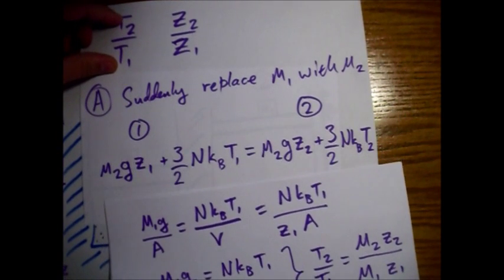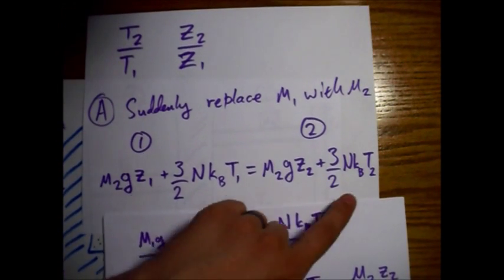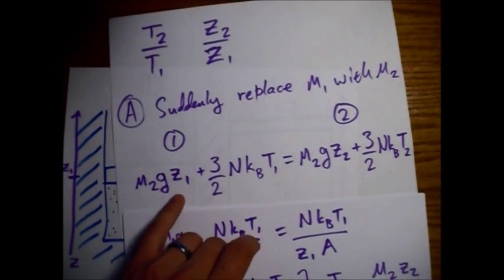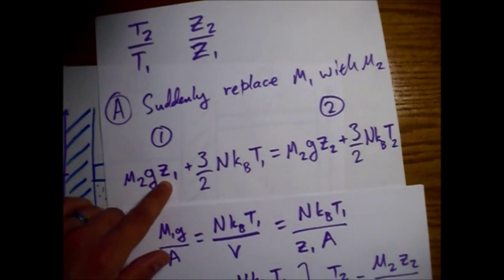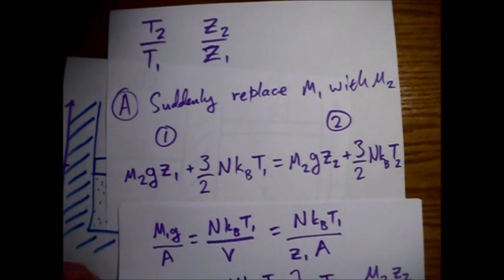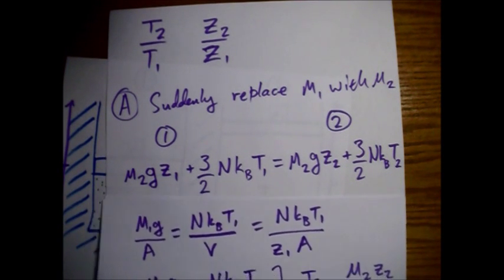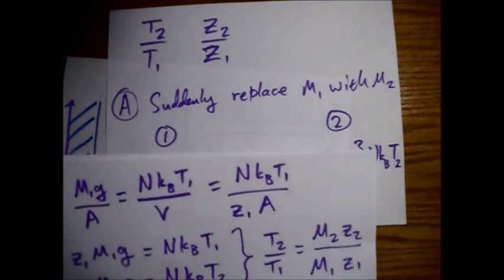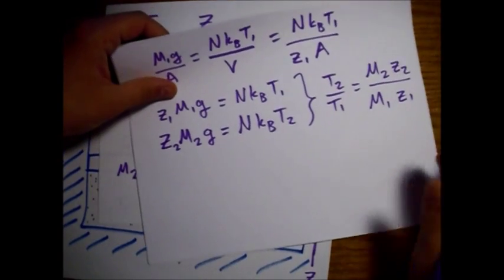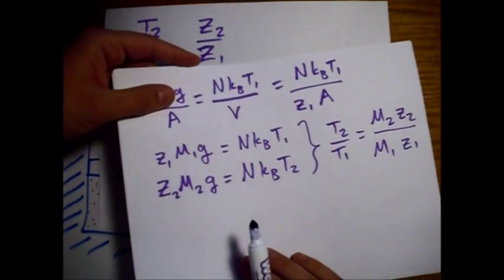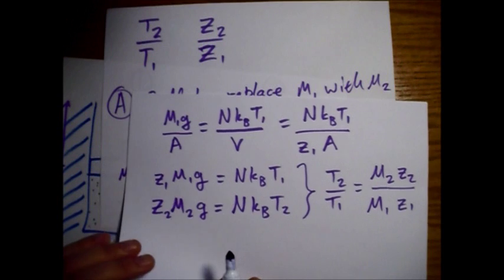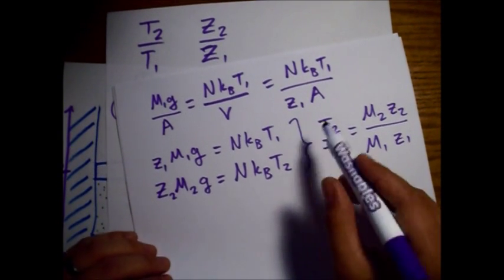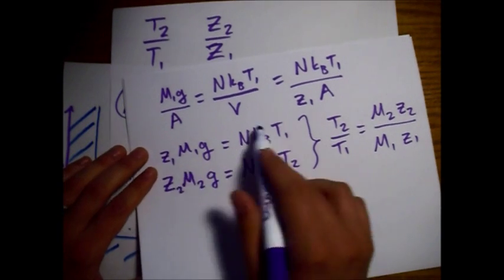All right. So now maybe we can get this equation only in terms of temperatures. What we want to do is get rid of Z1 and Z2. Once it's all in terms of temperatures, we can find the ratio of our temperatures. Let's solve for Z1. Let's go back and use these equations.